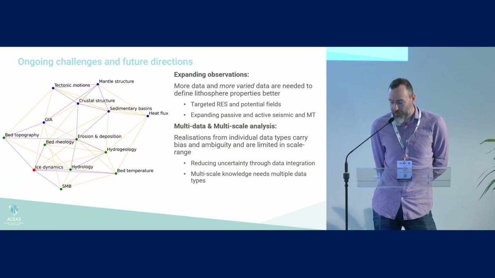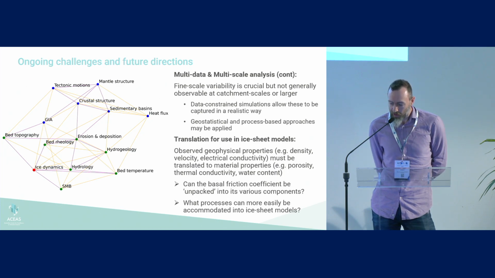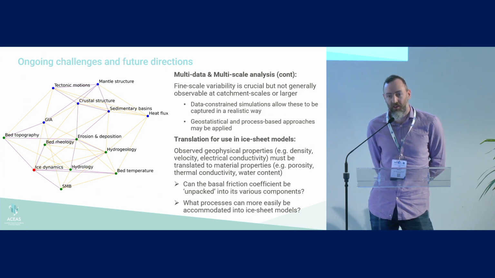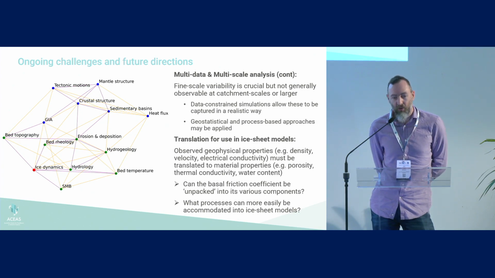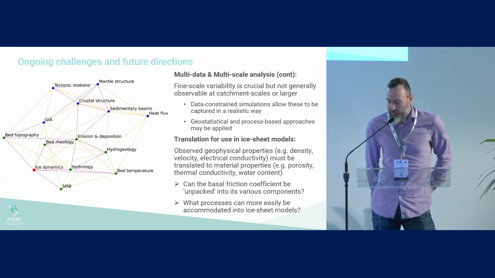So we can maybe think on how we implement that. And yeah, final point, fine scale variability is really crucial, but we can't collect data at that scale everywhere. So we really need to work hard on simulating that variability in a realistic, plausible and reliable way.